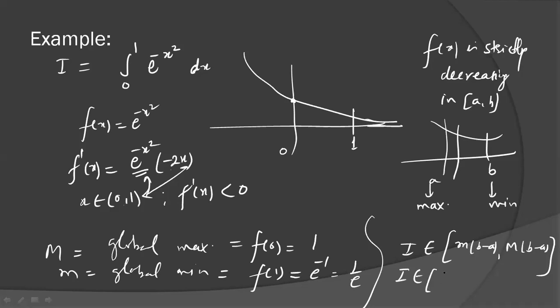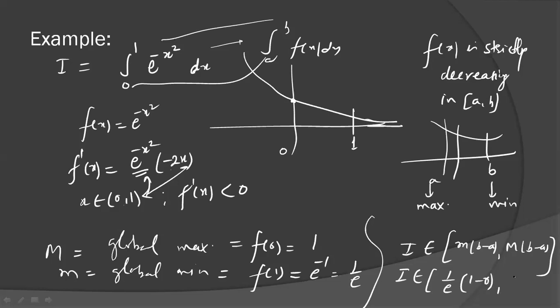Here a is 0 and b is 1, so it will be 1 minus 0. So the integration will belong to 1 upon e to 1.